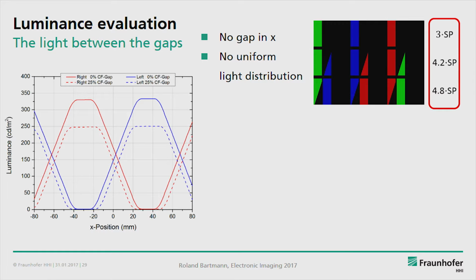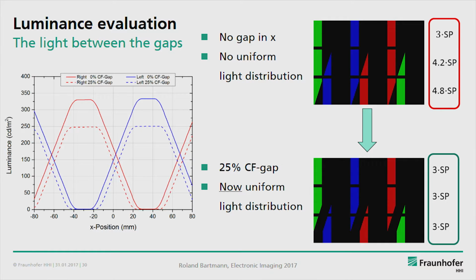And if we look at the gap version, then suddenly we get the same sum of the pixel colors, and that's the way we come to a uniform light distribution.